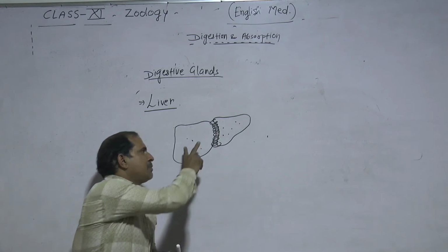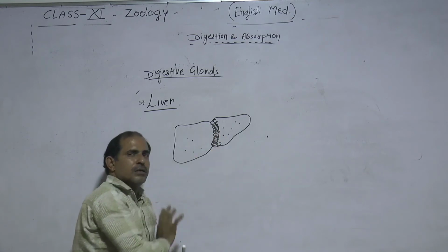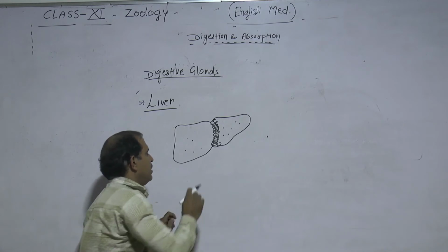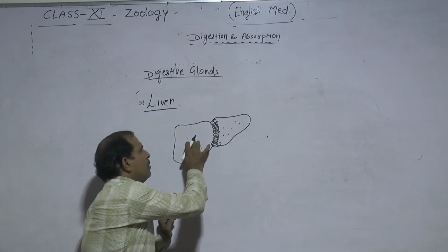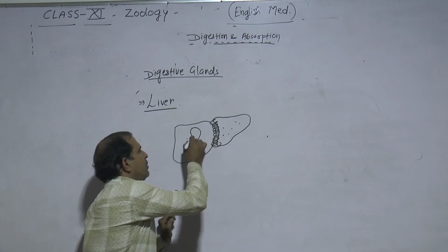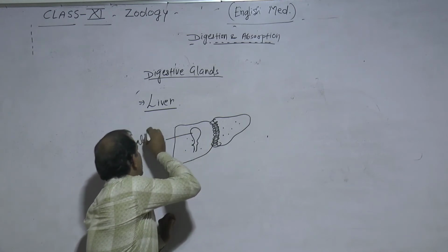It means two lobes are present, one larger and one smaller. But under the larger lobe, a bag-like structure is also present, which is called gallbladder.